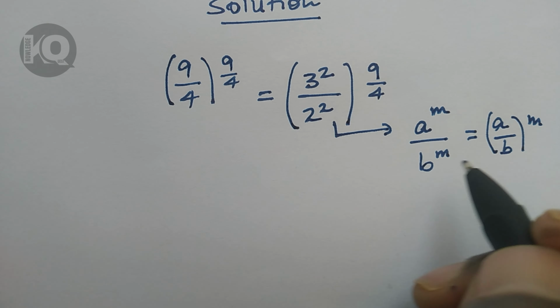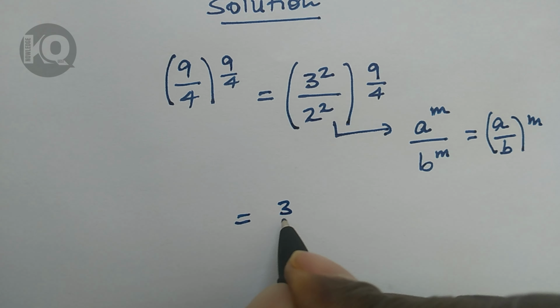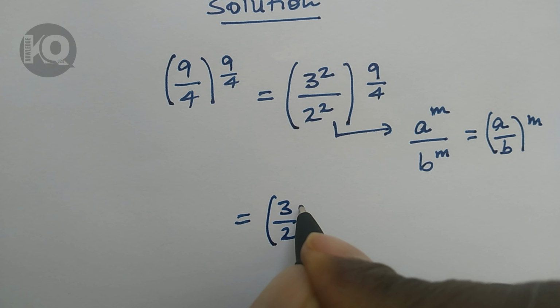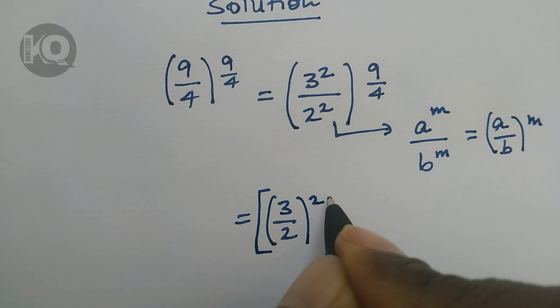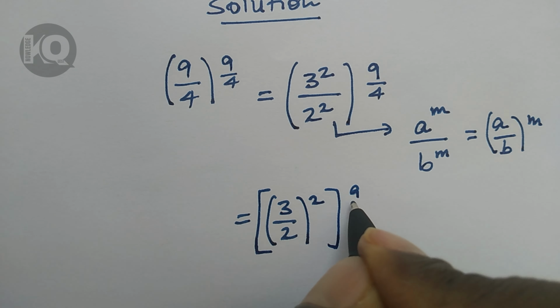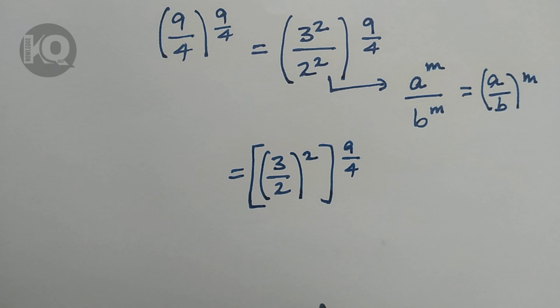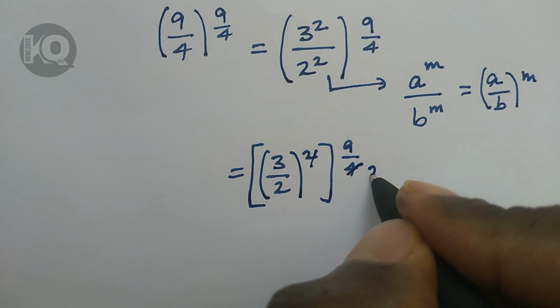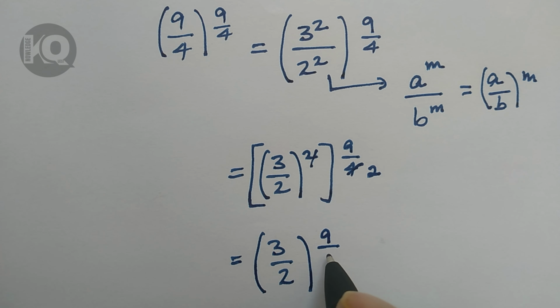So by using this expression, this term will be (3/2) to the power of 2, the whole power of 9/4. So this and this will be 2, which is (3/2) to the power of 9/2.